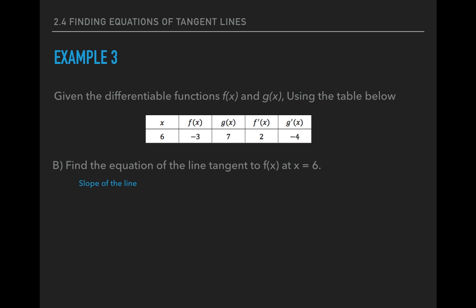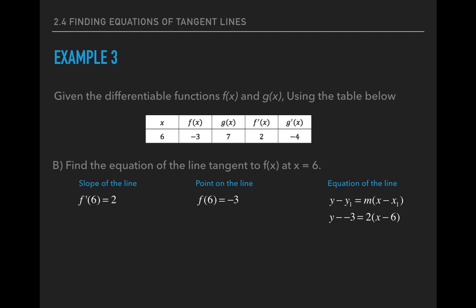So the slope of our line when x is 6, that would be the derivative, and that is 2. The point when x is 6, f is -3. That is a point on our line. And now we'll plug those in to find the equation of our line.